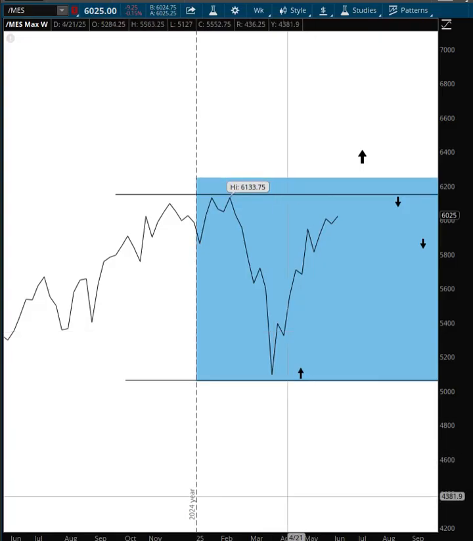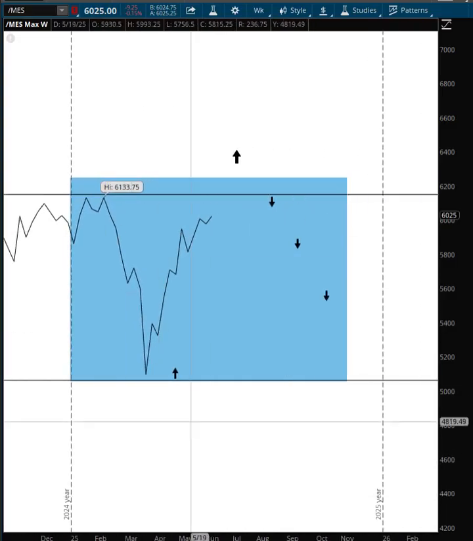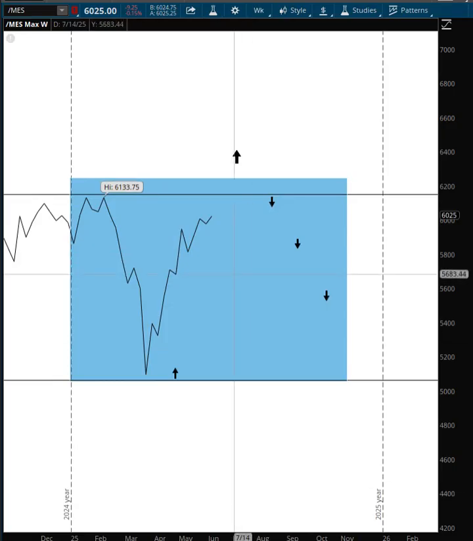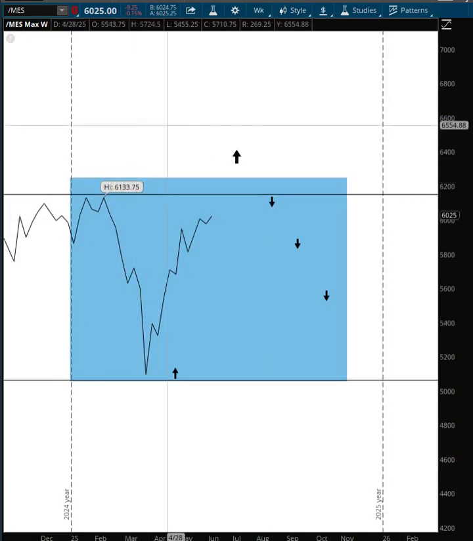Okay, here's the weekly. Again, macro, the big picture. We're talking going back to March to June here. We did catch the direction going down here on the Dow and a few other markets.